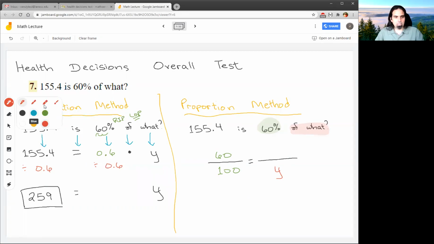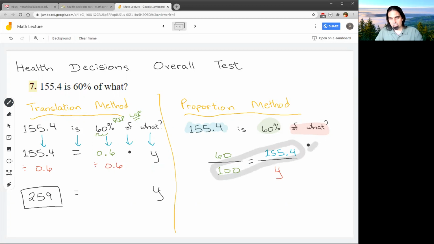And then lastly, there's something that I haven't used yet. And that goes on the top. Again, I'll do my shortcut for proportions because I'm kind of out of room.